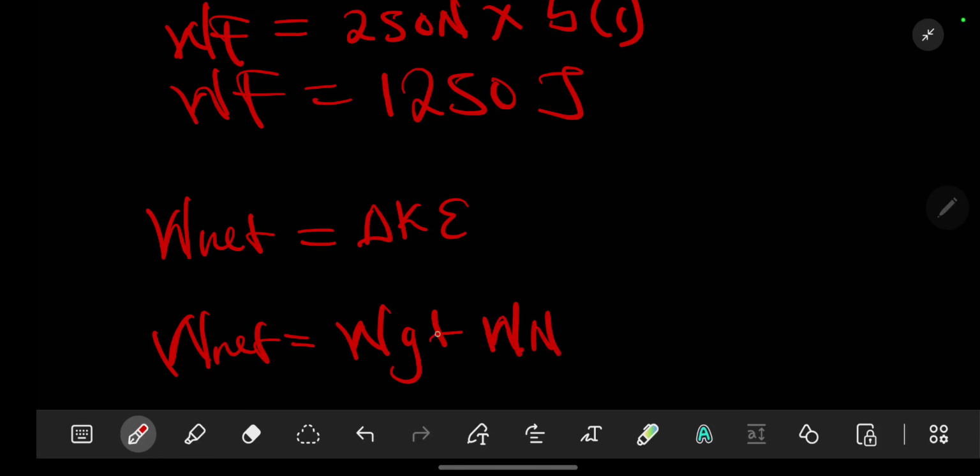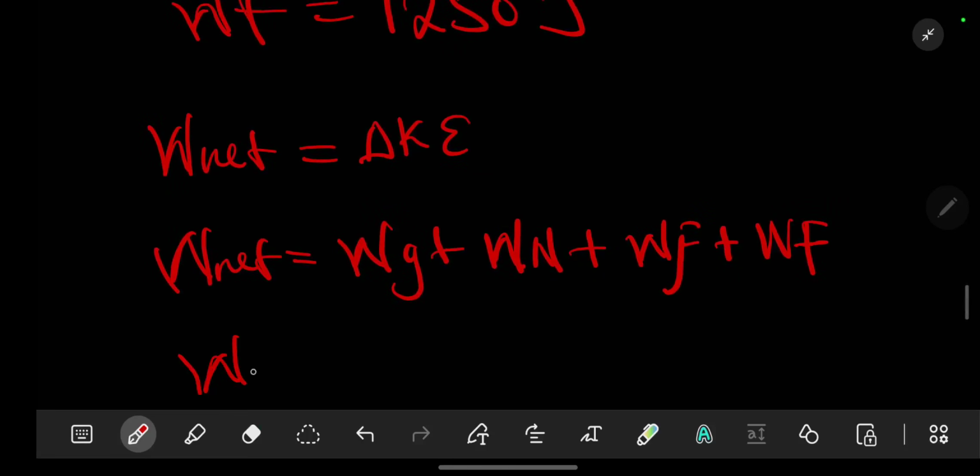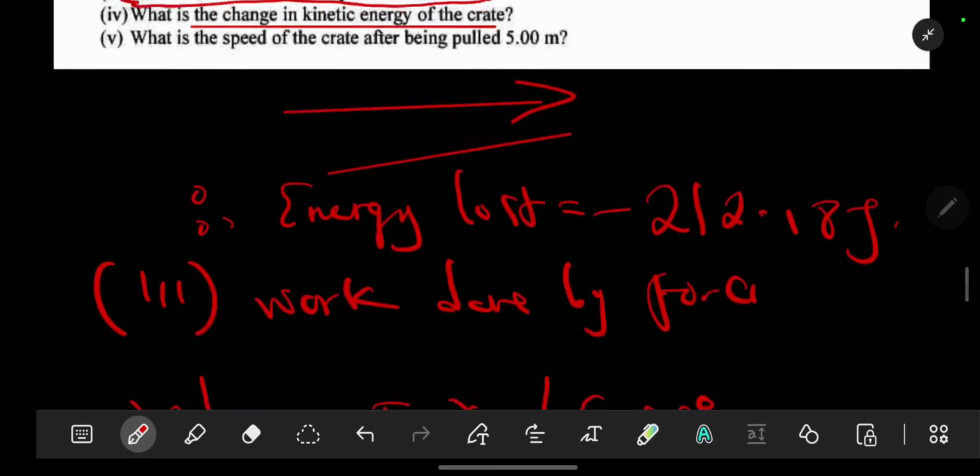Please, you don't put potential energy for the net work, plus the work done by the friction, plus the work done by the force. So these are the things that make up the net work. So we are going to find the net work to be equal to the work done by gravity.